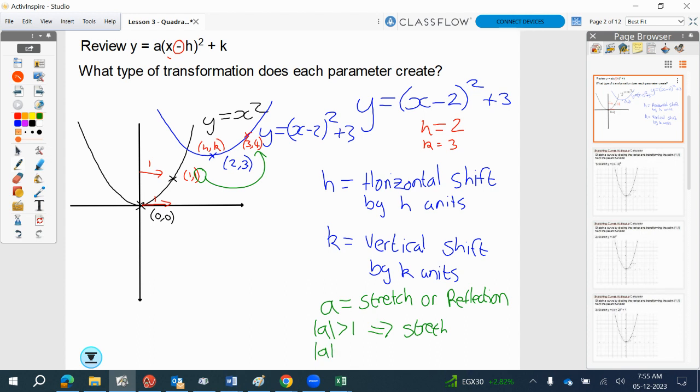If a is between 0 and 1, we get a compression. If a is negative, we get a reflection. I'm going to show that through a few examples. Okay, so that's a bit of a review of what we saw last week.